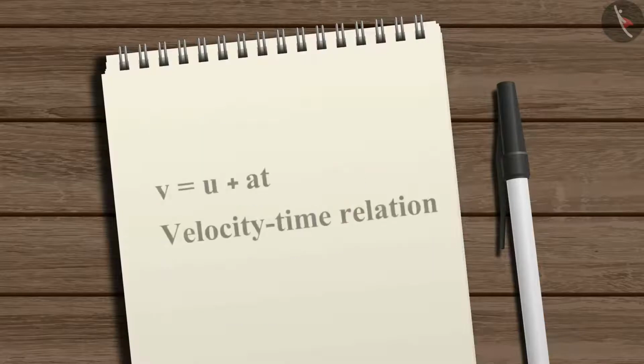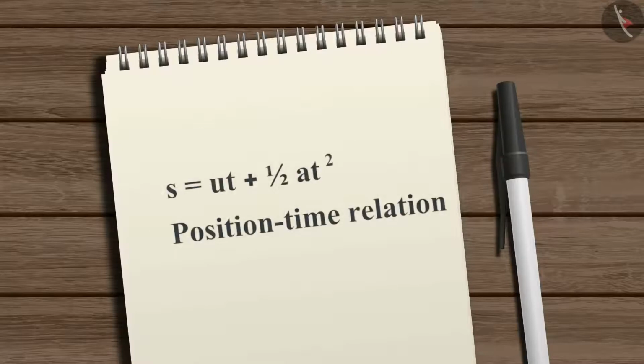The first equation, v = u + at, shows the velocity-time relation. The second equation, s = ut + 1/2 at², shows the position-time relation.